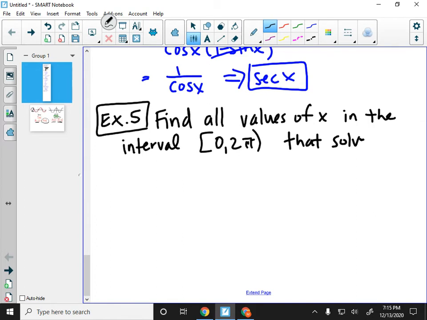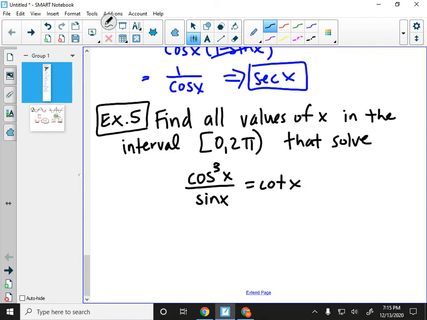That is supposed to say a pi, it doesn't really look like a pi, so let me fix that so you can actually read my handwriting. That solve this equation: cosine cubed of x over sine of x equals cotangent of x.